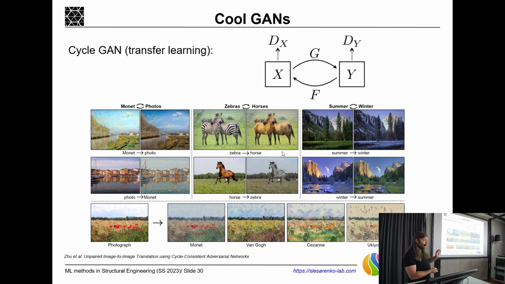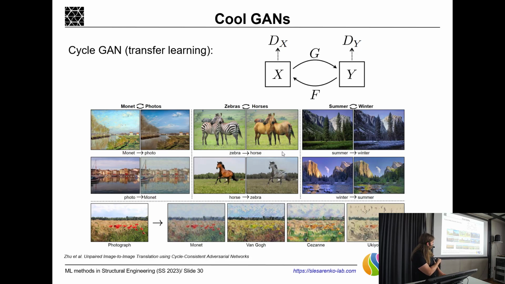There's another trick not shown here. You, of course, have the two discriminators, but you also say, please make these images not just a zebra image or a horse image. Make it kind of look the same as our previous image. And from that, you can see here nicely how the styles transfer.